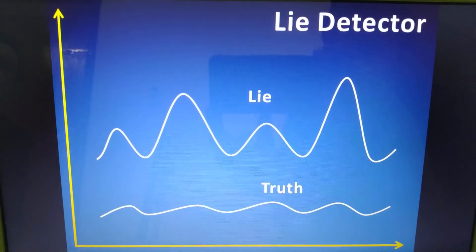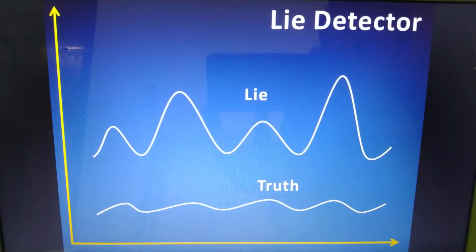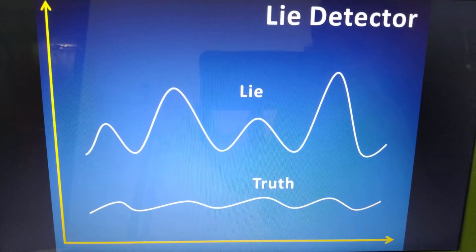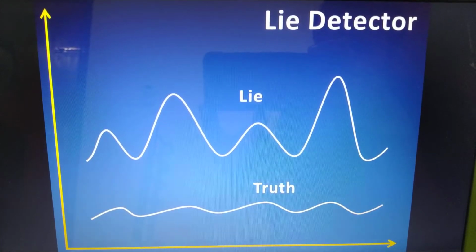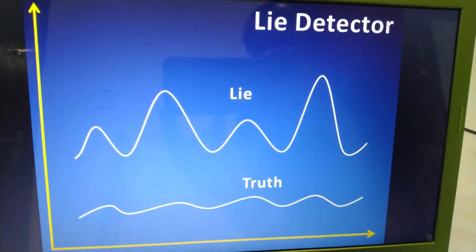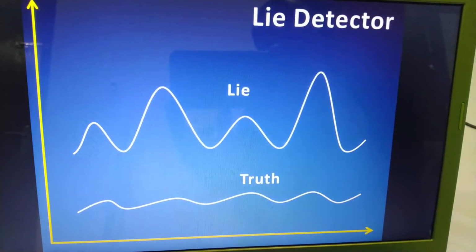You don't undergo a lot of stress. So your wave is more or less flat. When you say a lie, it's like the ECG of a person under stress. The waves are prominent. There are ups and downs in the wave pattern. Means you're trying to fabricate a lie. Very simple test, a lie detector test.